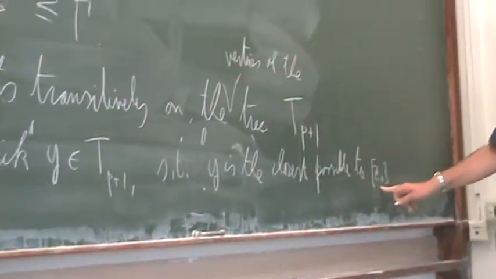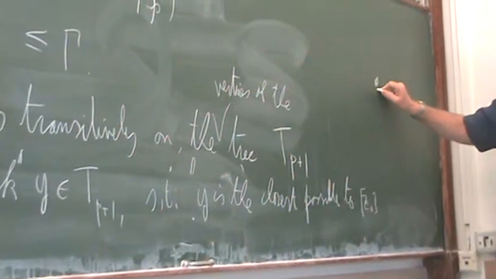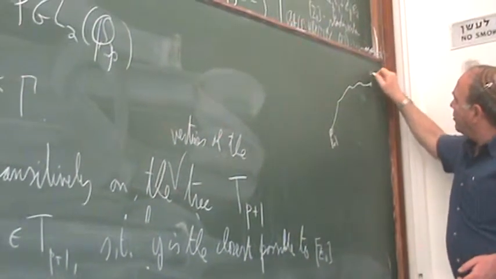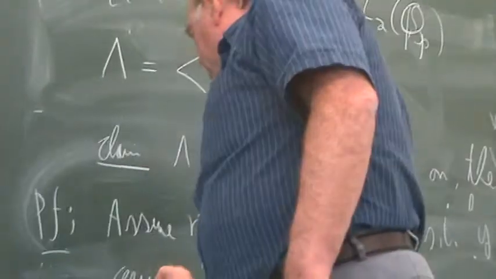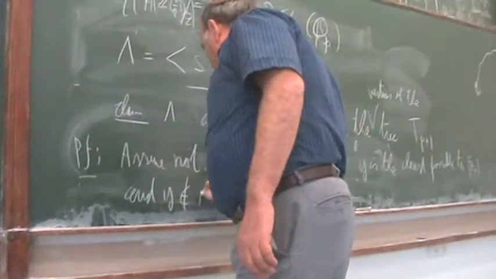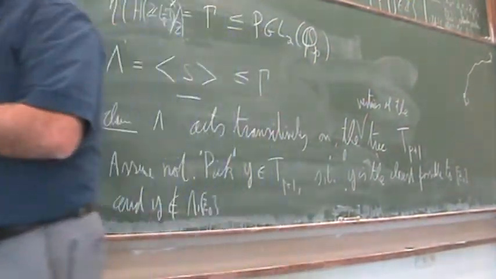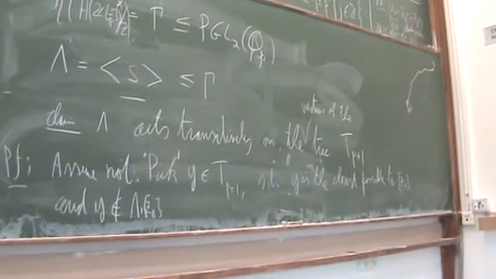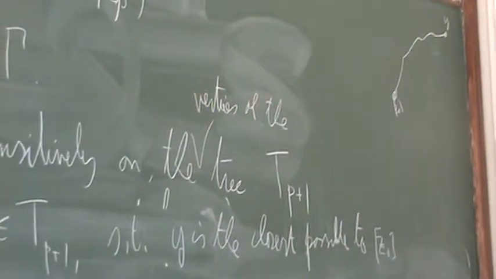We have the standard vertex z0, and I'm taking some y here, and this y is not in the orbit of lambda z0. To prove that it acts transitively, I have to prove that the orbit of z0 is everything. That's the meaning of acting transitively. So assume there is something which is not.